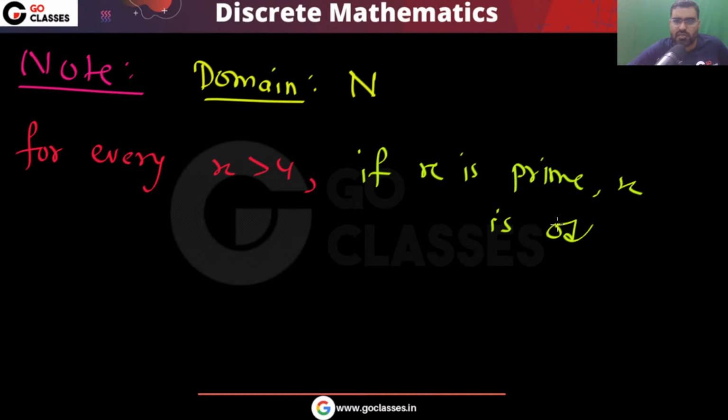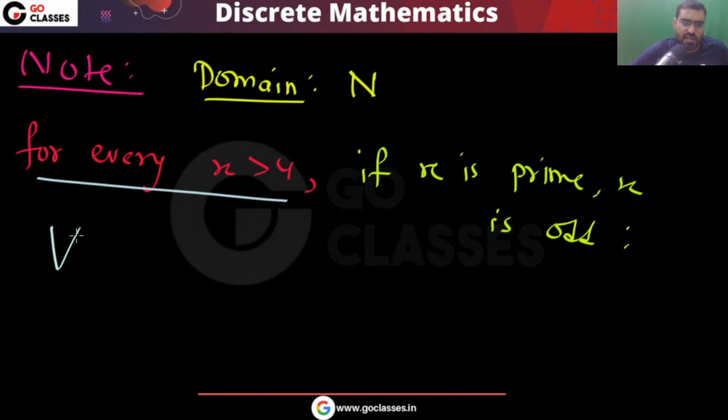Then how to write this? This is what I want to write: for every x greater than 4, if x is prime, then definitely x is odd. So how can I write this? You can easily do this.